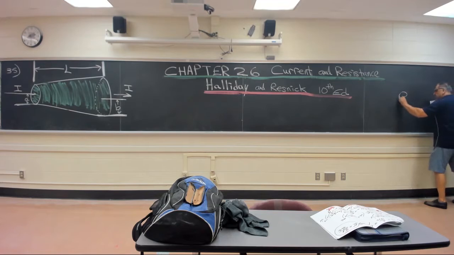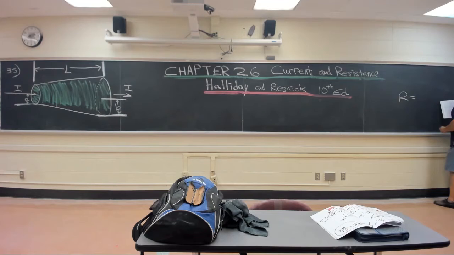The resistance is directly proportional to the resistivity times, now we got to be careful here, guys. This rho right here, like I said, there's repetition of some of the symbolism.